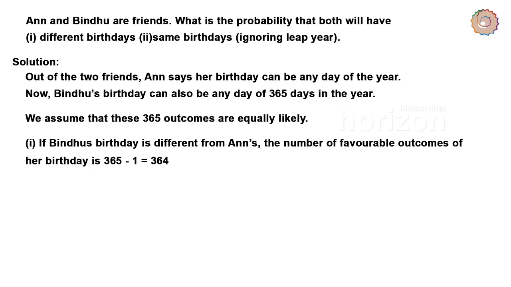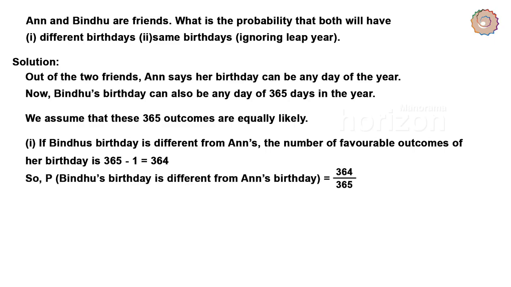Now, the first subpart: if Bindu's birthday is different from Anne's, the number of favorable outcomes for her birthday is 365 minus 1, which is equal to 364. So, the probability that Bindu's birthday is different from Anne's birthday is equal to 364 divided by 365.